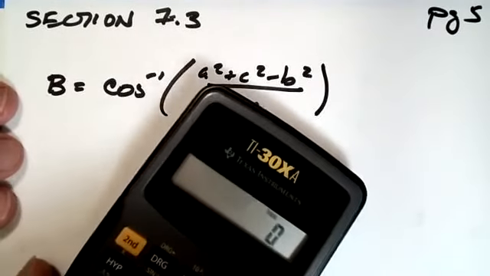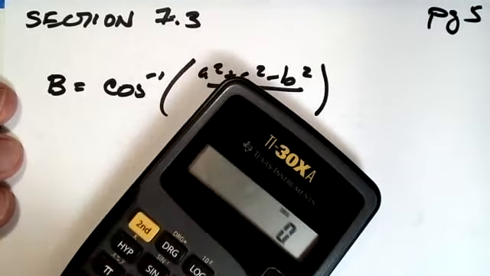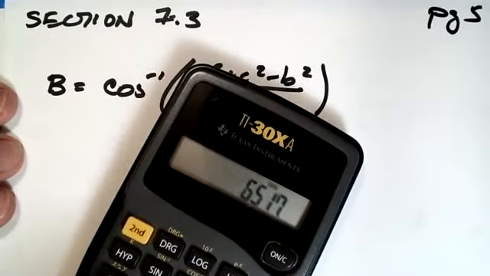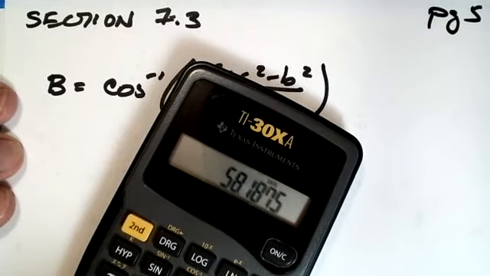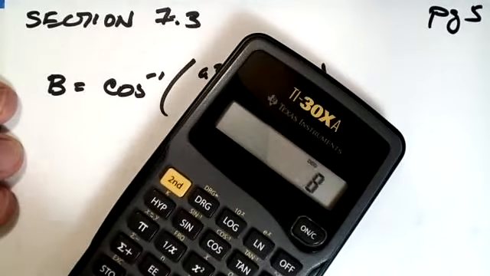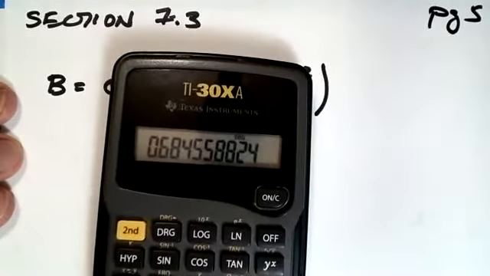And so recall a was 56, so 56 squared plus c, which was 85 squared, minus b, which was 62 squared. That's our numerator. And then divide by 2, divide by a, which was 56, and then divide by c, which was 85. So there's our argument.